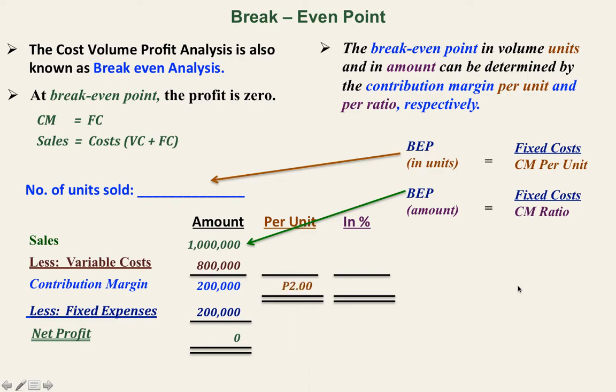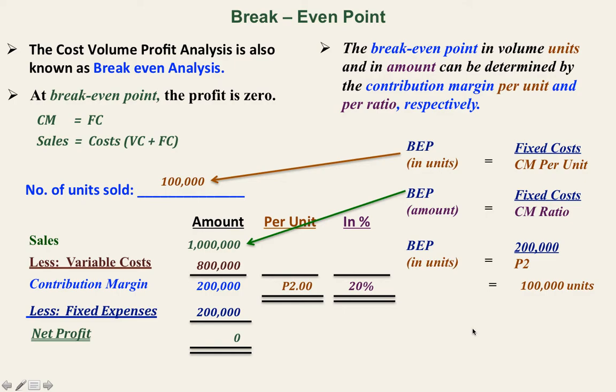Assuming that our per unit contribution margin is 2 pesos and our ratio is 20%, if we substitute it in our formula, break-even point in units is equivalent to fixed cost of 200,000 divided by 2, and you will get 100,000 units. So our number of units sold is 100,000.